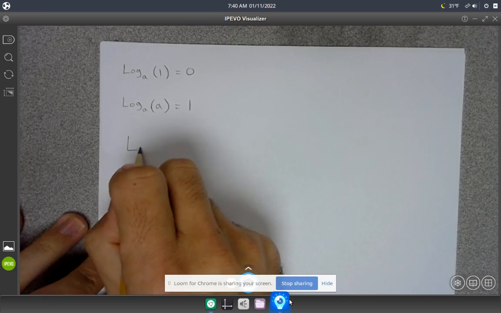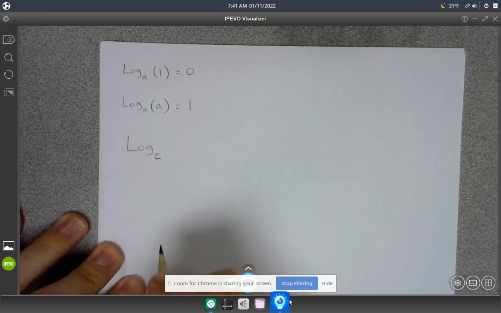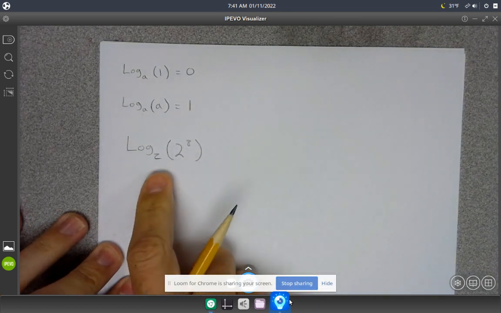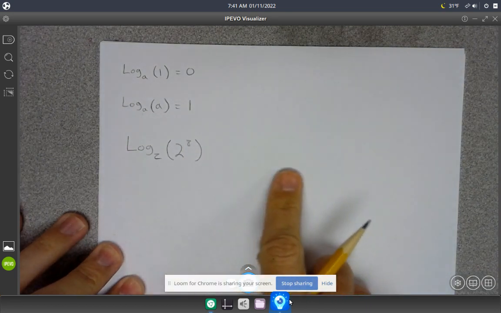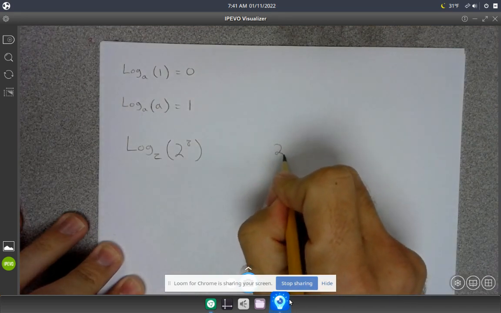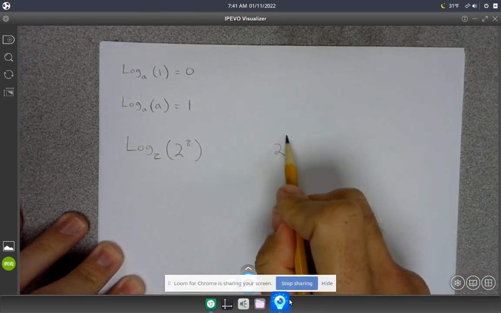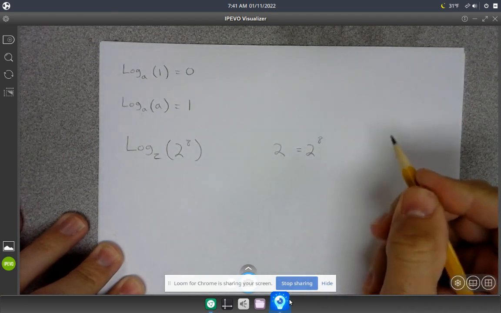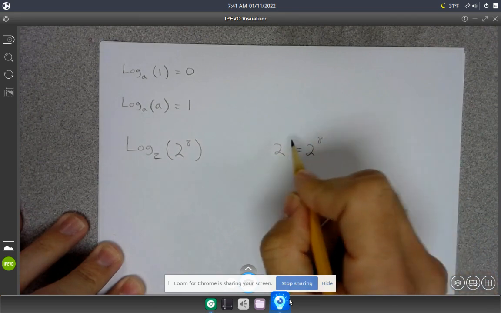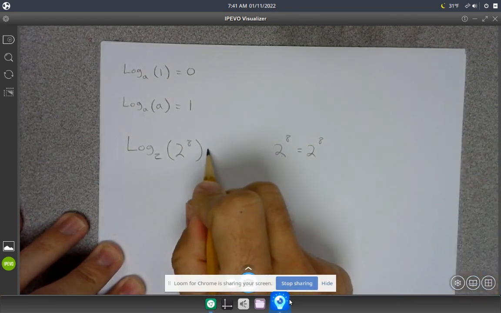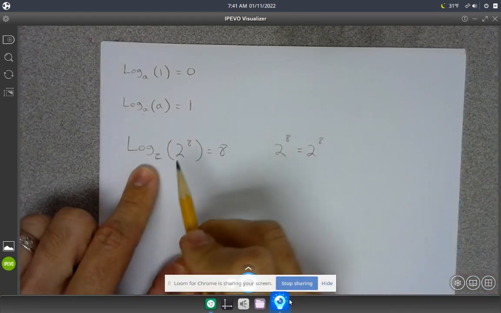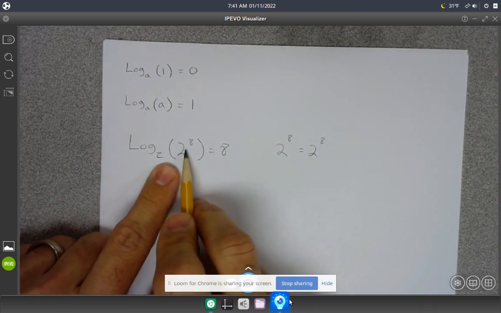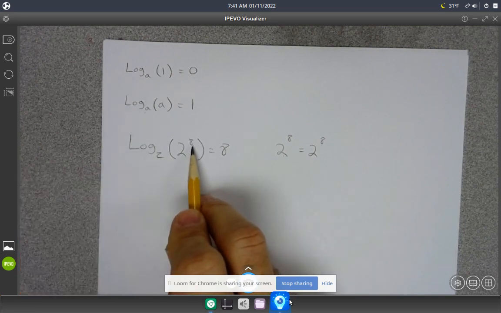If I'm looking at, say, log base 2 of 2 to the 8th power, if I were to translate this in the little exponential world, it would be 2 to some power is equal to 2 to the 8th. All right, so I think the answer is obvious. It has to be the 8th power. So anytime your base here and your base here are the same, whatever the exponent is becomes your answer.